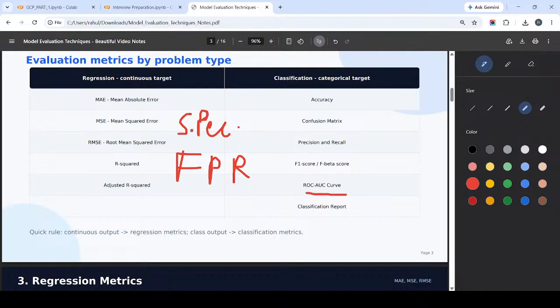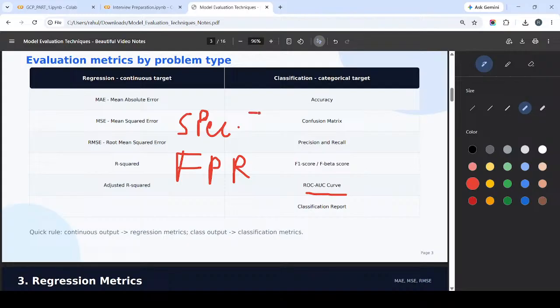So what is specificity? Specificity relates to the classifier's ability to identify negative results.